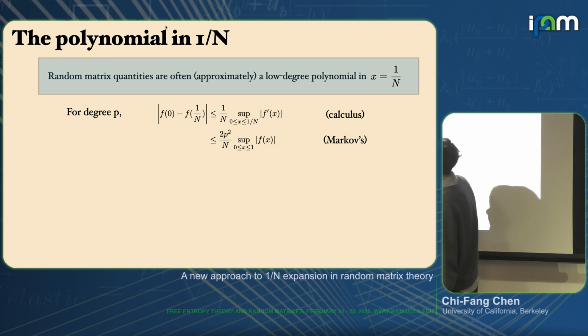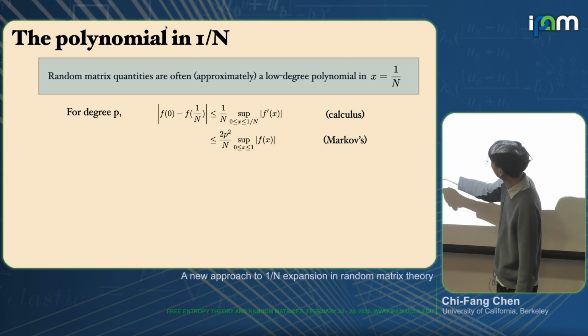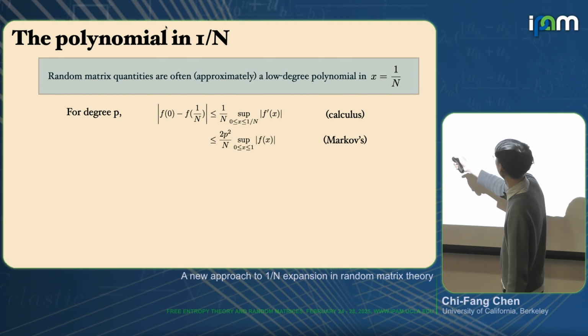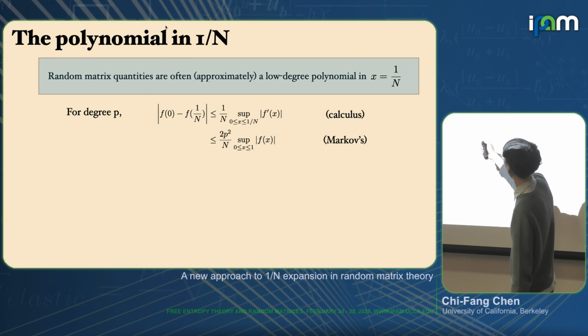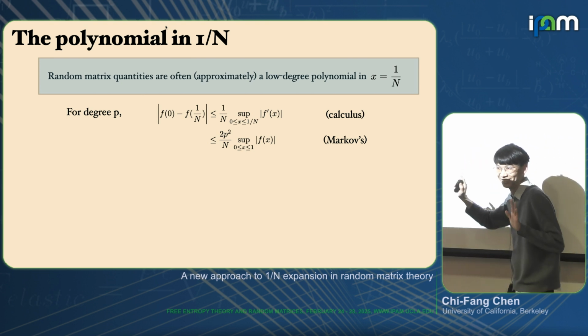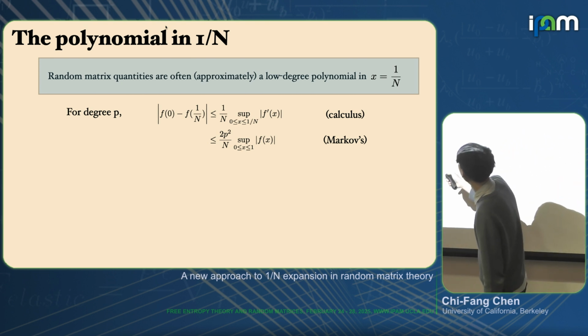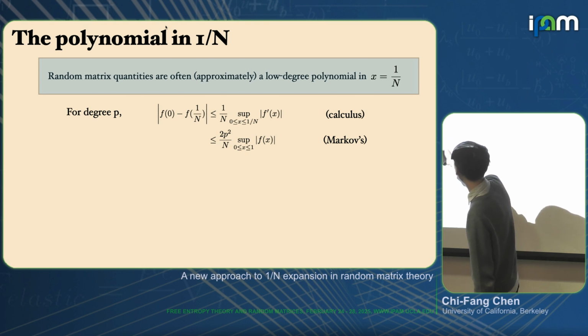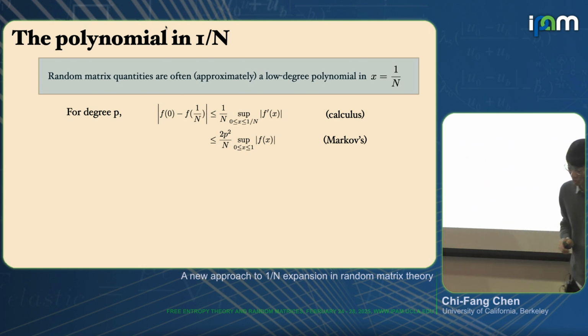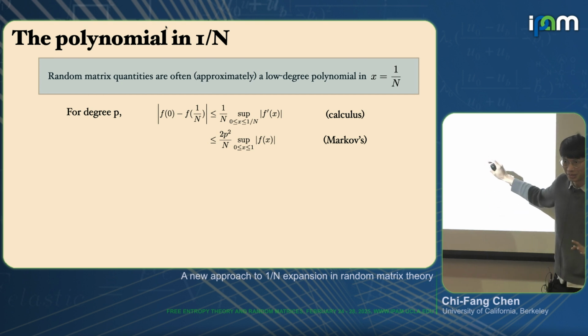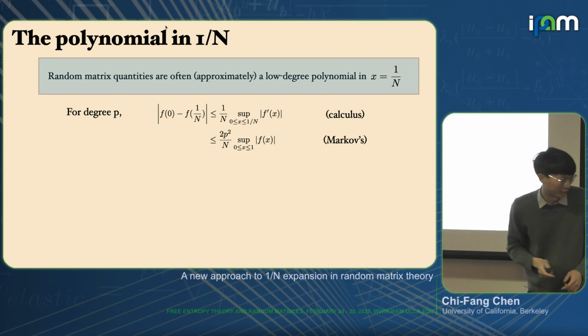Assume your function is exactly degree p. Then you can do calculus: f of 0 minus f of x is bounded by the derivative along the interval. Then you bound the derivative by Markov. There shouldn't be any surprise here. This is really basic.